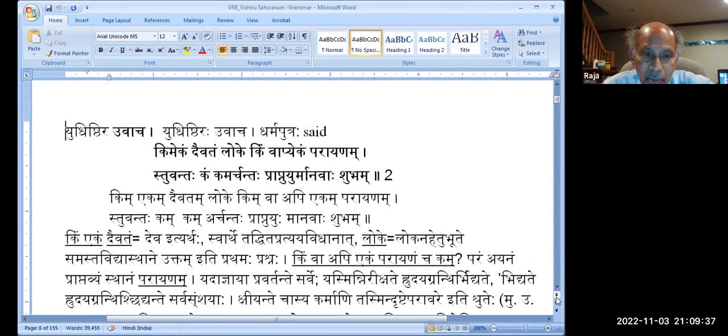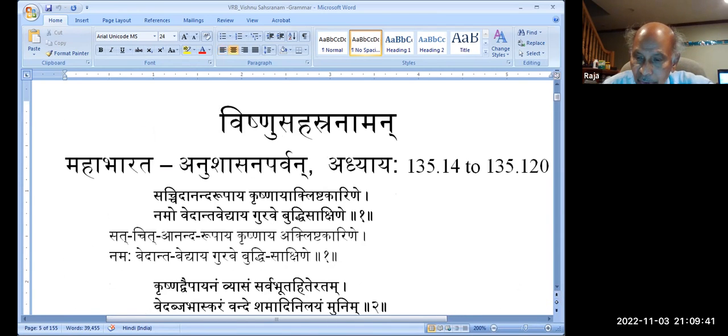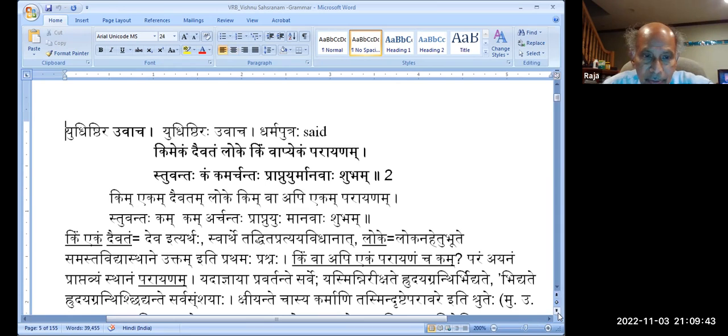These slokas you have to understand when you chant. Kimekam Davitam Loke, Yudhishthira asked again. Kim vapyekam parayanam stuvantaha kam kamarchantaha prapnuyuhu manavaha shubham.